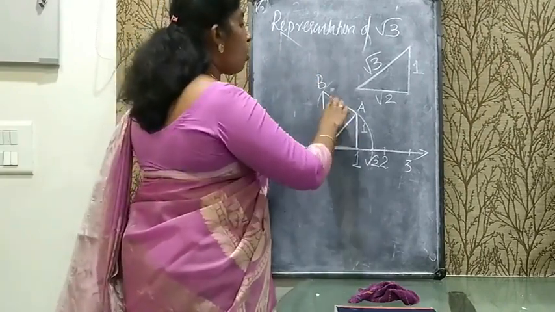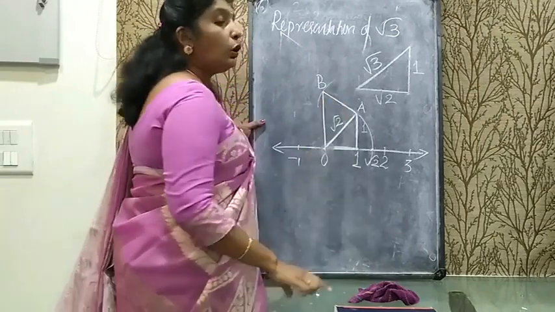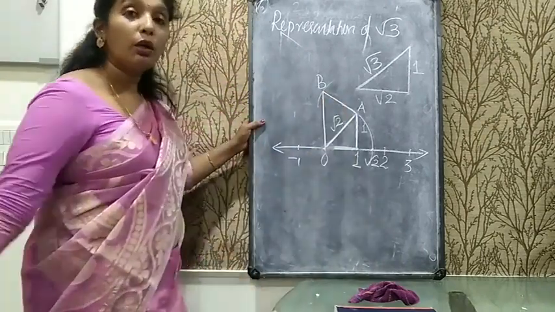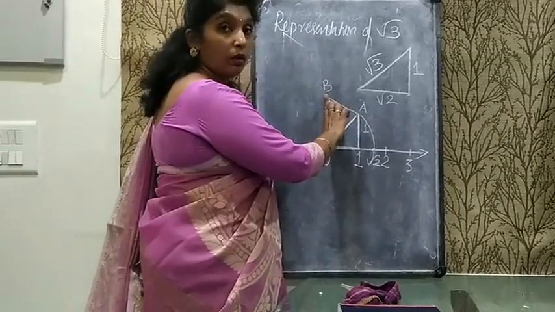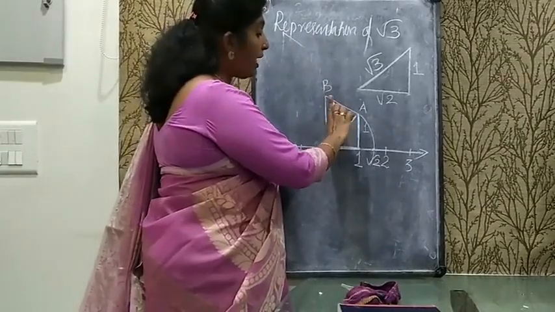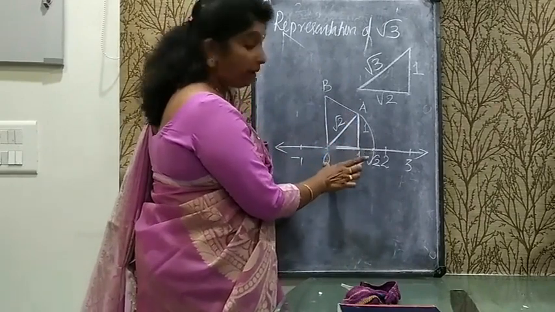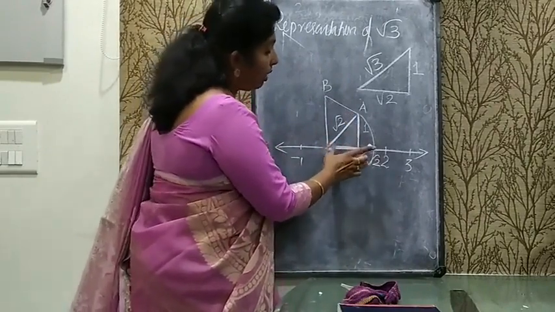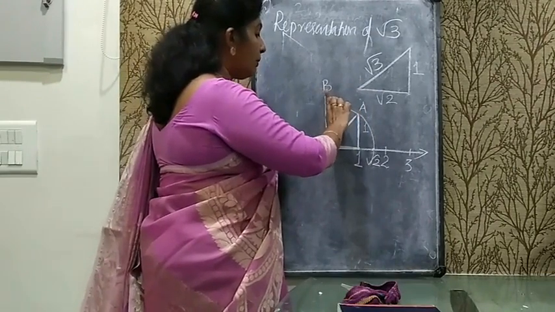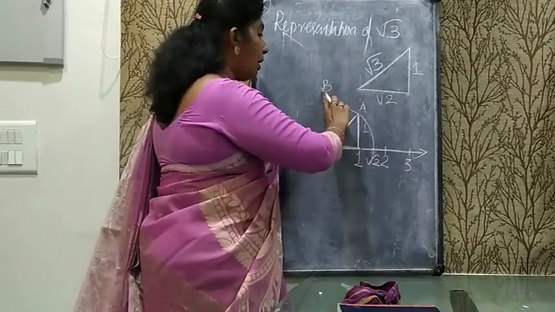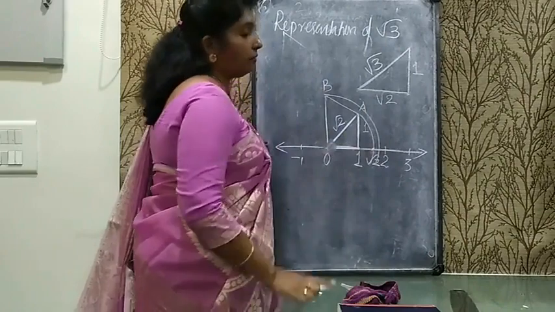Now OB distance you need to take in your compass. From O, the 0, that point can be taken as O. So from here to here the distance you need to take in your compass. Keep the compass here and mark an arc.